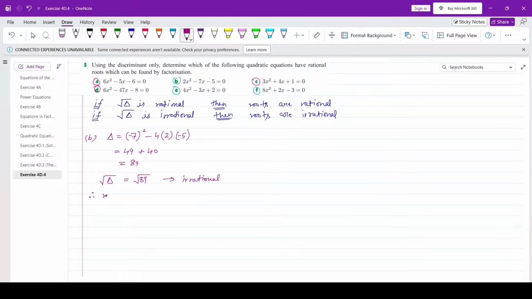Therefore, the roots are irrational and cannot be found by factorization.